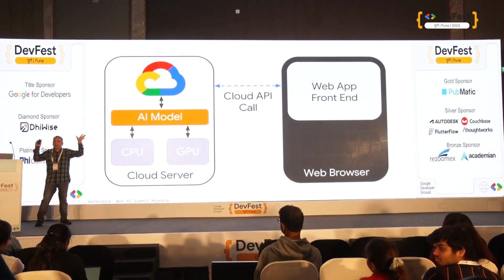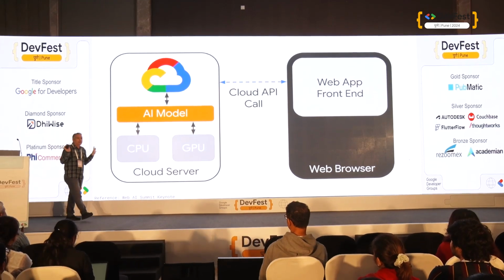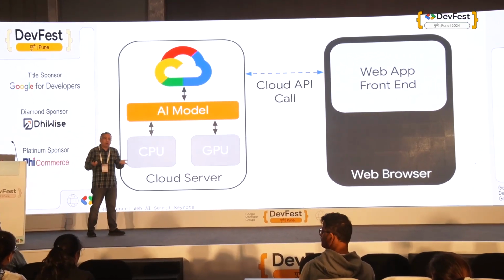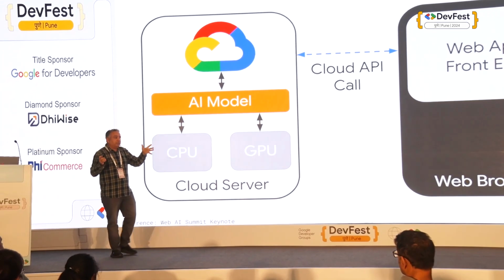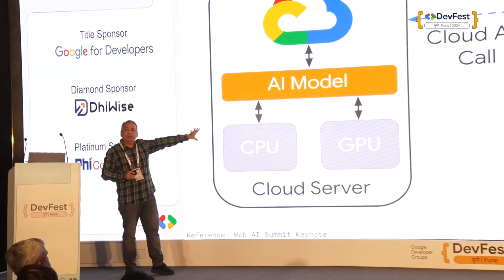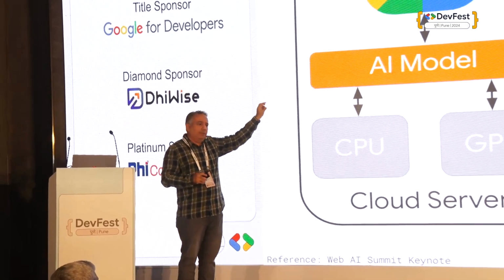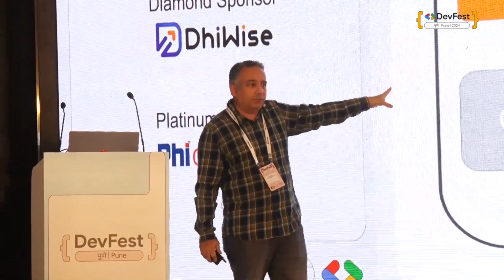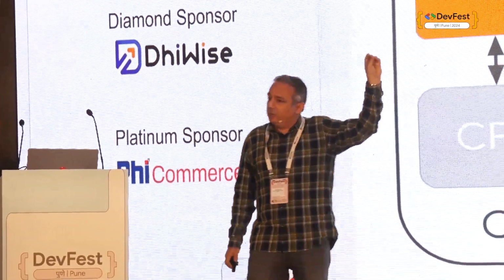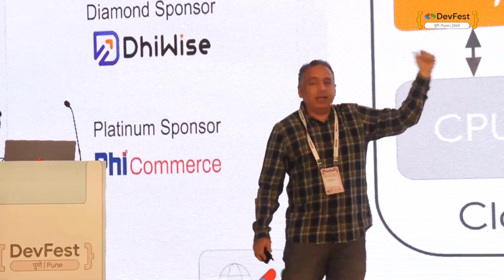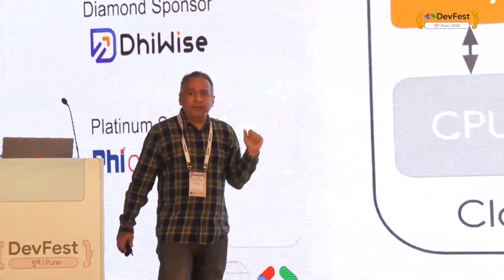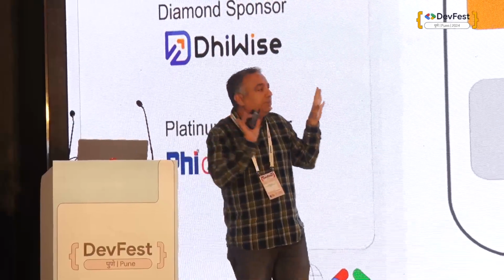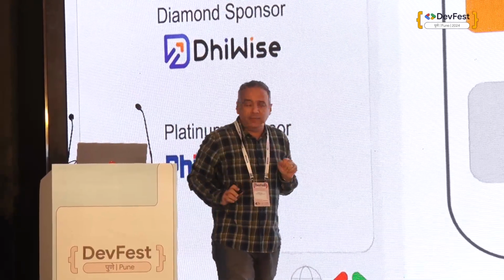Is this picture clear to most folks? Today, if you are to embed AI or make calls to it, your thought process typically is that yes, I'll need to do something on the server side, whether it's standard models off the shelf or any tuning or whatever it may be, I'll need to host it, I'll need to give an endpoint, and then I'll integrate it into my web application. There is nothing wrong with it. This is the picture most of us think of, right?